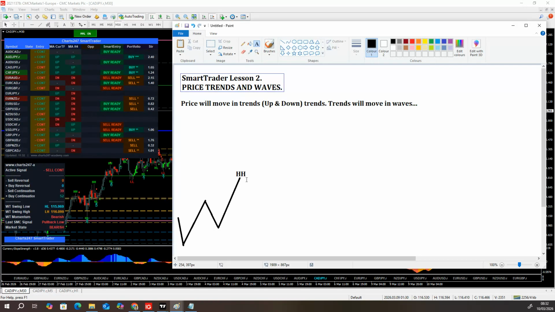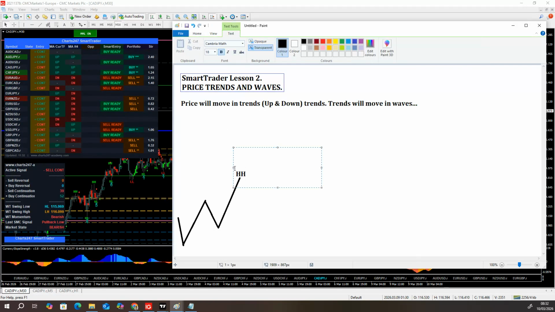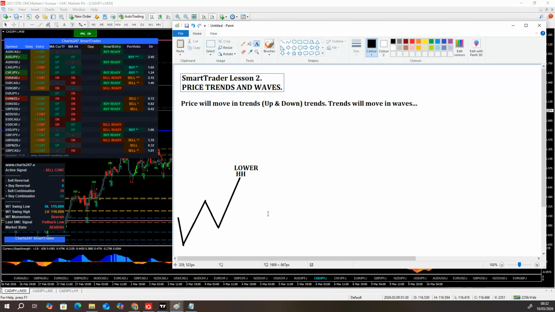If this higher high is lower than the previous higher high and you are in a downtrend, this is your best sell zone. That is the best sell zone.